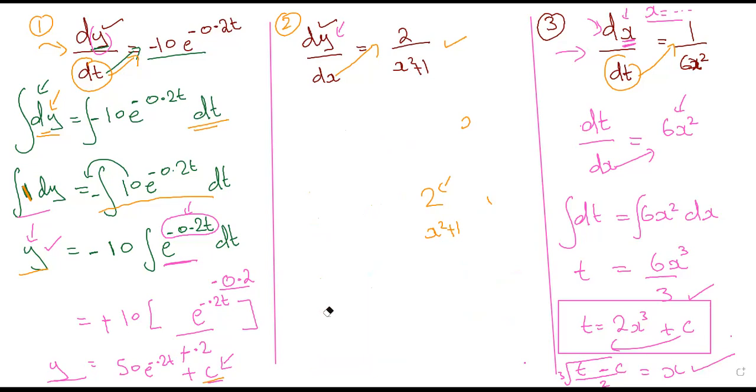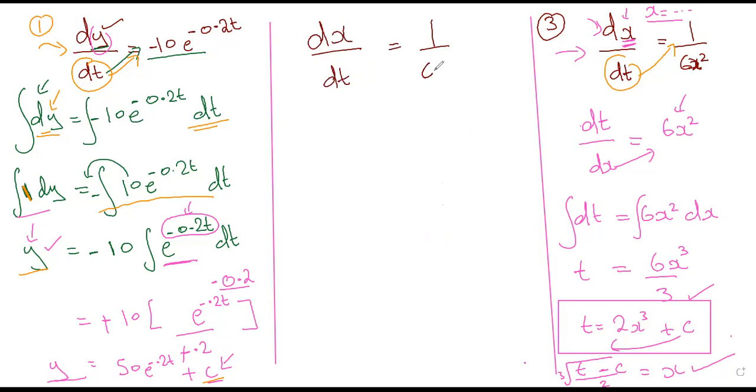Okay. So what if your differential equation is of this type? What have we been doing? We have been taking this side to that side and then integrating. Let's try doing it this way again. dx equals 1 by 6x square dt. Now, don't you think that there's some problem?